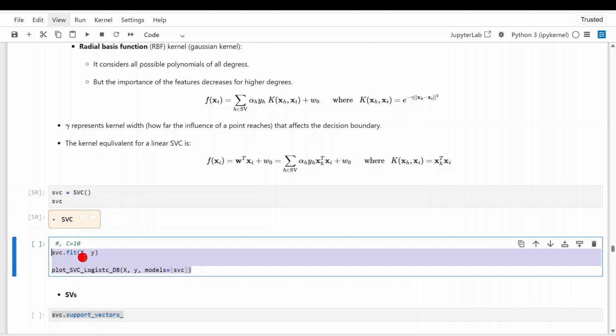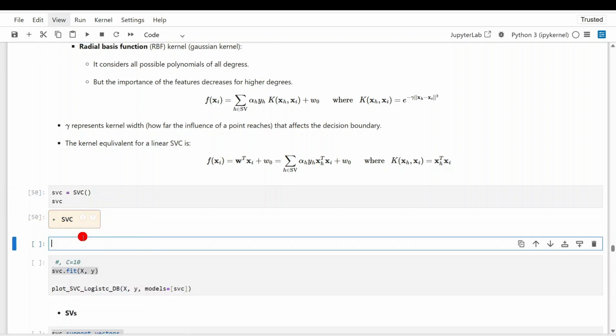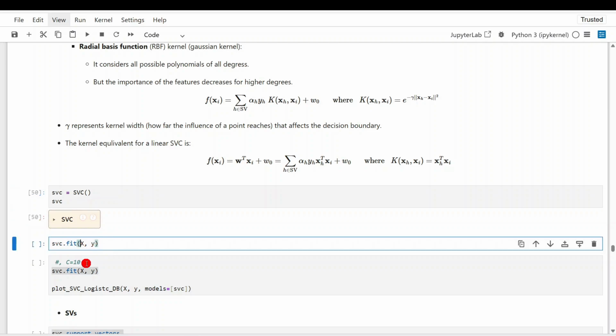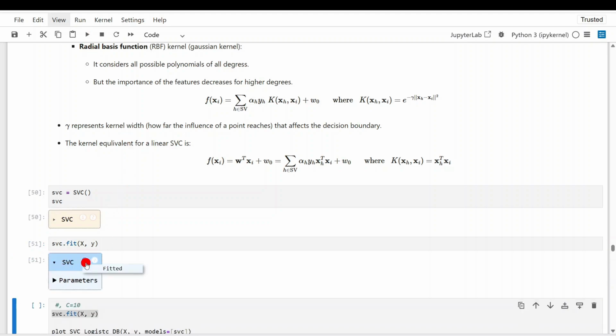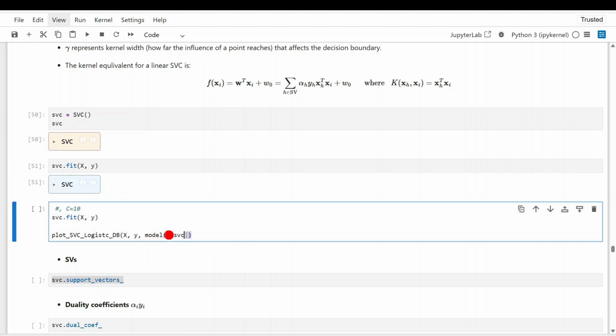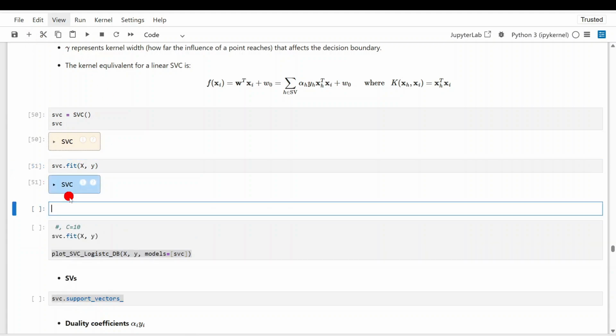So now let's just fit our model of interest here. I have instantiated this model, then I can fit it by supplying the input data and the output data. Now the model is fitted with the same parameters, regularization parameter 1 and kernel function radial basis function. And let's see the decision boundary using the plot SVC logistic DB function.